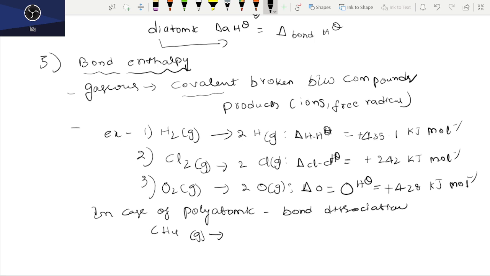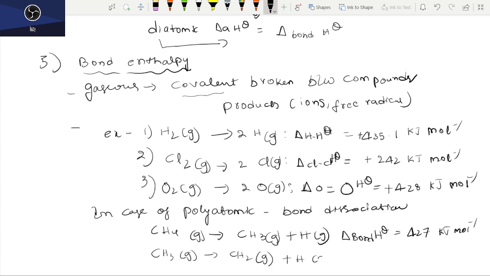After CH4, CH3 in the gaseous state gives CH2 in the gaseous state, and hydrogen is released in the gaseous state. Delta bond H naught in this case is equal to 439 kilojoules per mole. Now, one more example I would like to take.